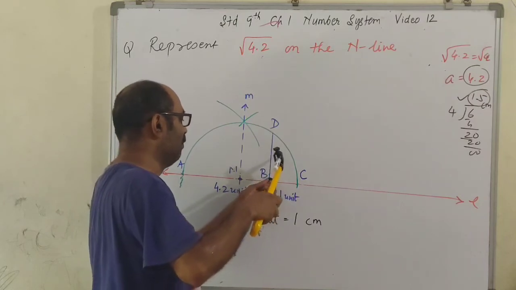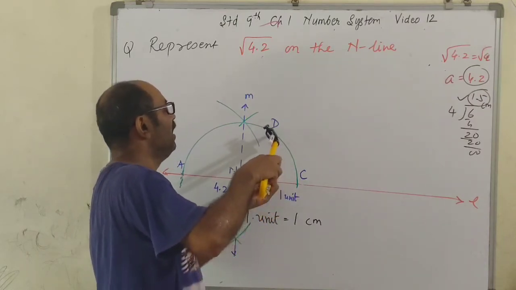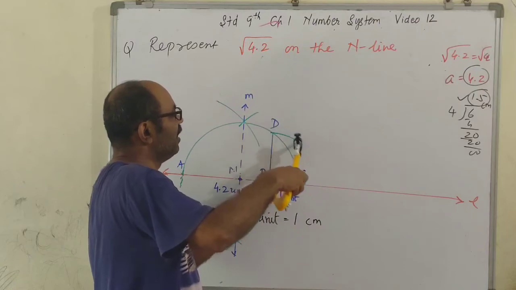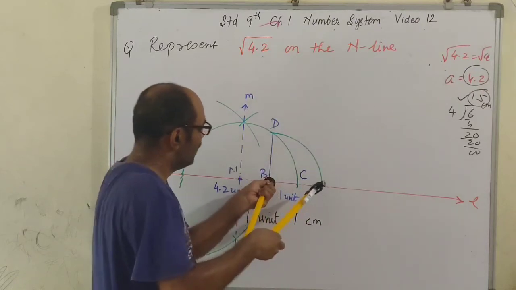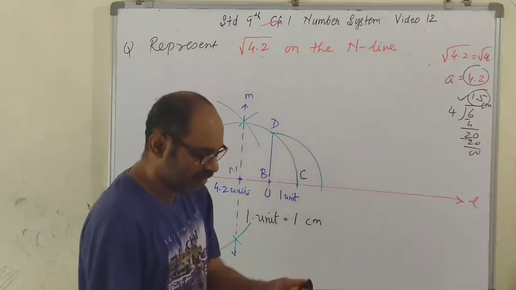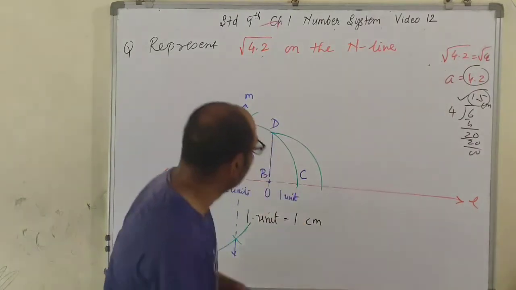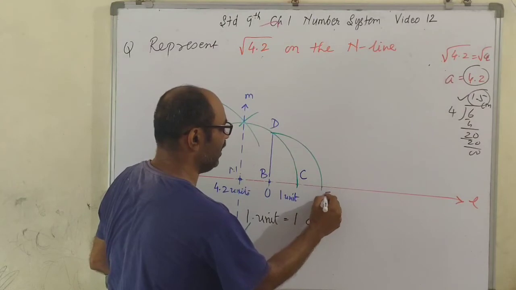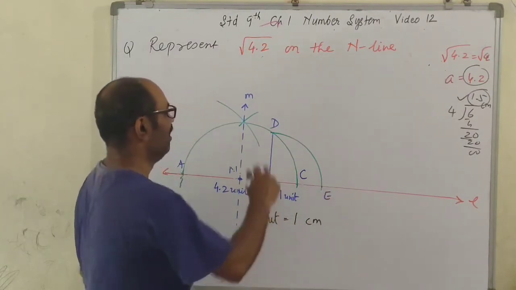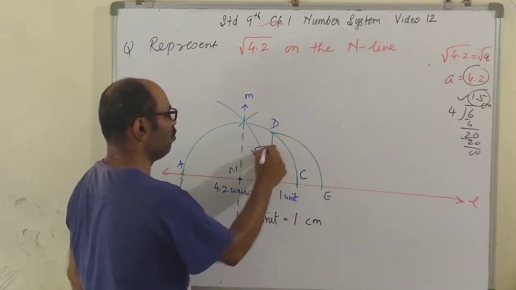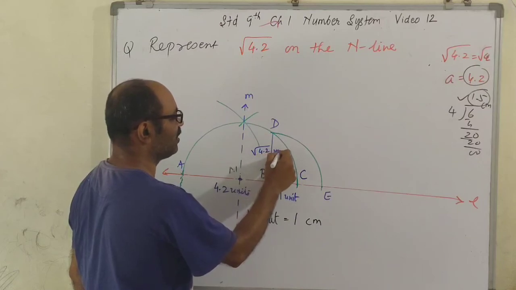I'll take center B and radius BD, and draw the circle. Alright. This new point, let me say E. BD is root 4.2 units.